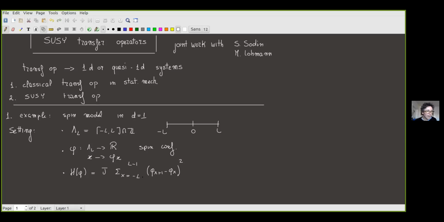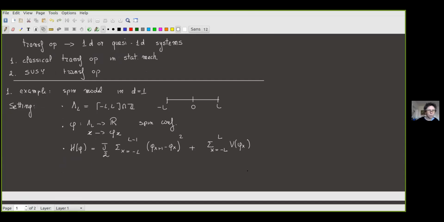I put some parameter J in front, and maybe I divide by 2. This is not so important. Plus, and then we have a potential term. So again, I sum from -L to L, and at each point I have a potential depending on the spin at that point.